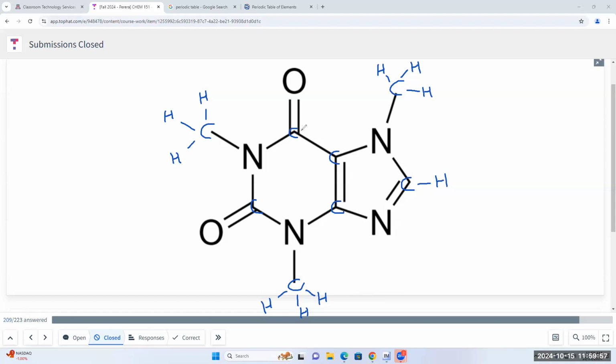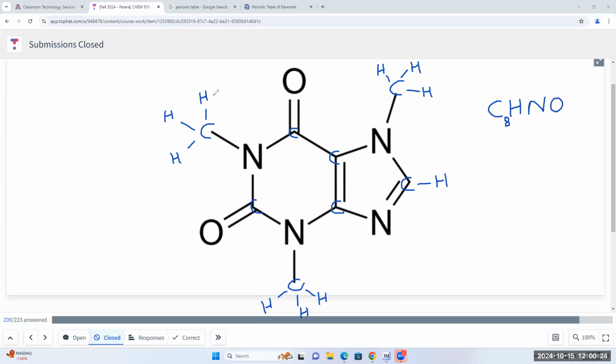Now, at this point, this is still not a Lewis structure, but this is good enough for me to determine the chemical formula. So I'm going to start counting. First the carbon atoms, then hydrogen, then nitrogen, and then oxygen. Carbons: 1, 2, 3, 4, 5, 6, 7, 8.